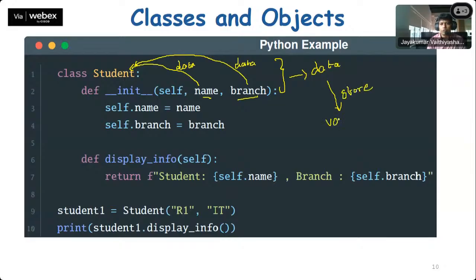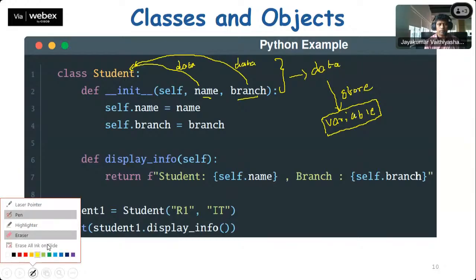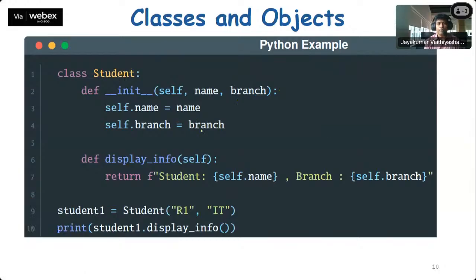You are able to store it in a variable. In programming, a variable gives some space to store your data. So name is a variable, branch is a variable. We are going to associate them with the object, the class. Self is referring to the same class. It is a reference to the same class.